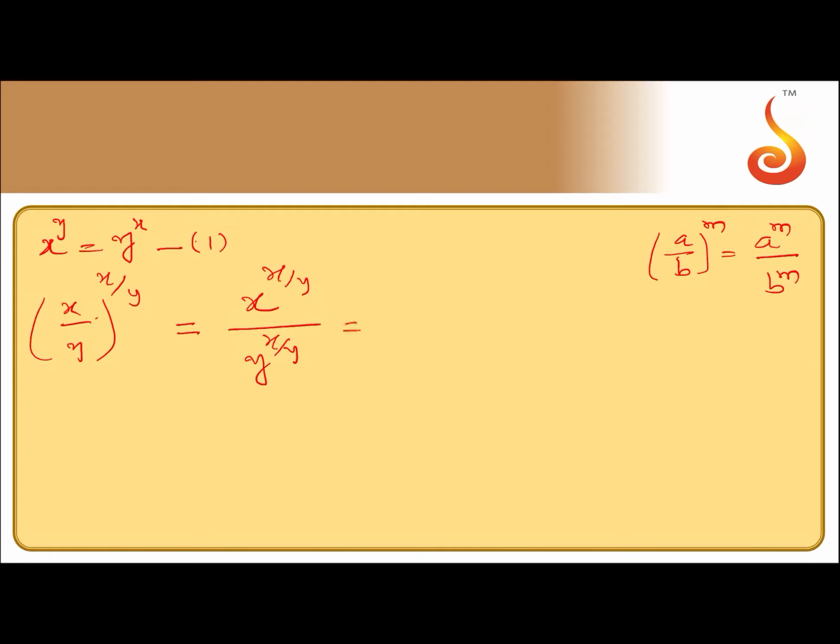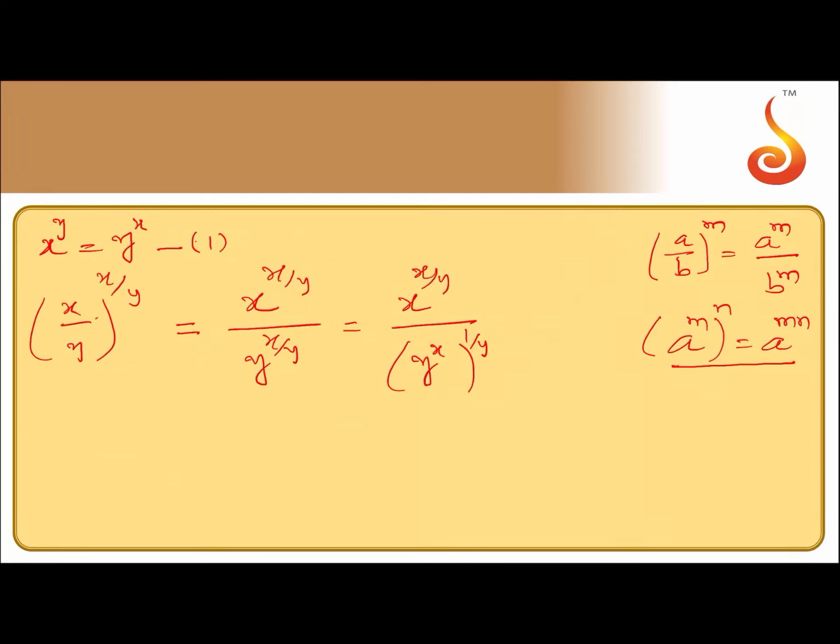And we know the concept that (a to the power of m) to the power of n is a to the power of mn. So I say this is x to the power of x/y divided by (y to the power of x) to the power of 1/y, by using this formula.